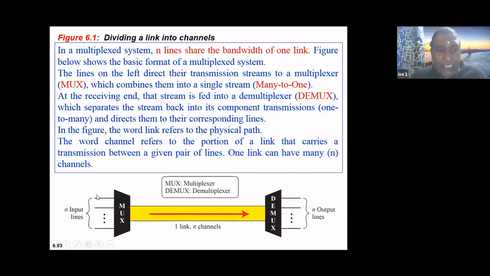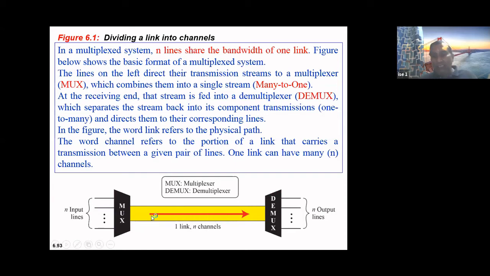So here, the combined bandwidth of the n input lines should be less than the bandwidth of the available transmission channel. You got the idea? If the bandwidth of the n input channels is more than the bandwidth of this single channel, then you cannot multiplex. And at the demux side, what happens?